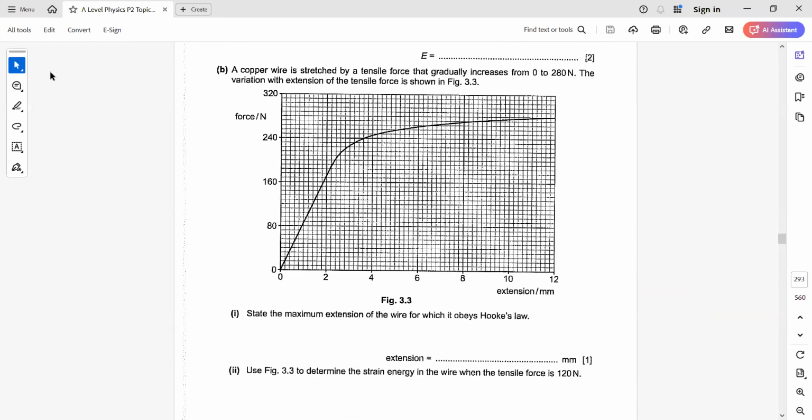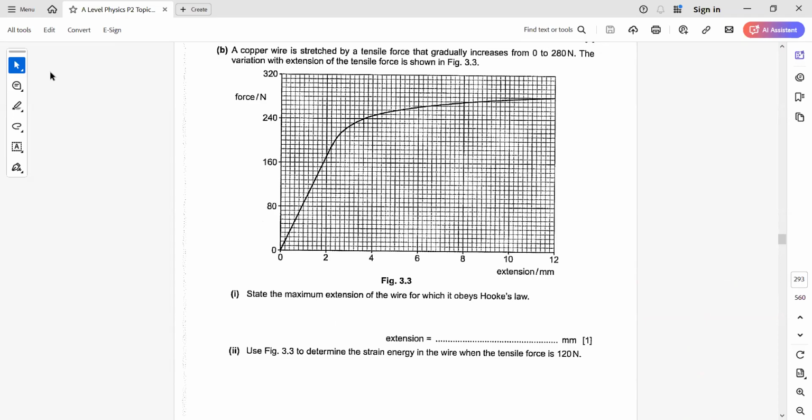So we have a copper wire that is extended. Okay, so maximum extension for which it obeys Hooke's law. It looks like it goes straight till here, and then it begins to curve, maybe a bit here. So what would that be? Say if that's 2, so that's 3. So 2.2, 2.4.